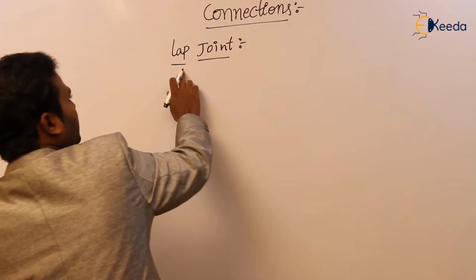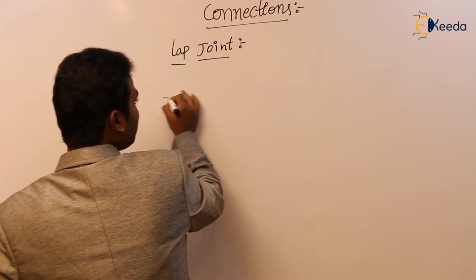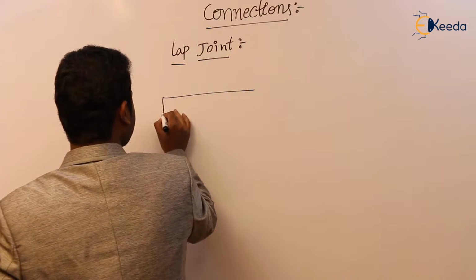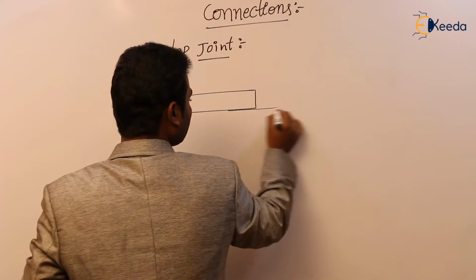First let us start with the lap joint. The name itself suggests that we are going to overlap. Lap. So this is one plate, and this is another plate.